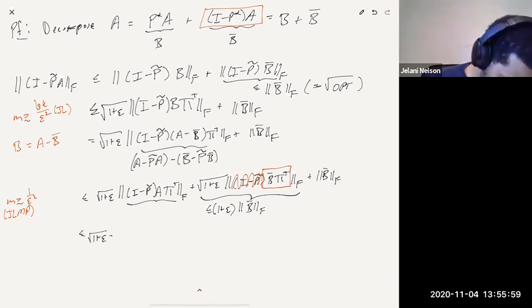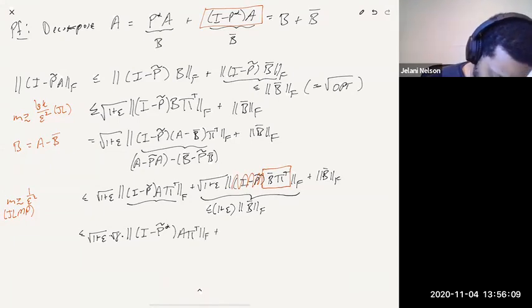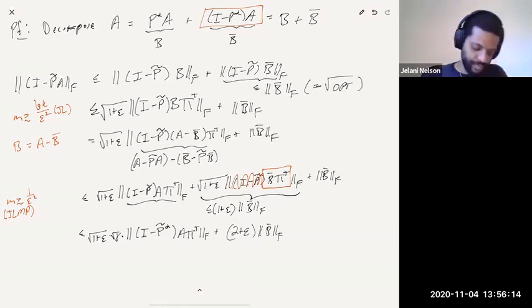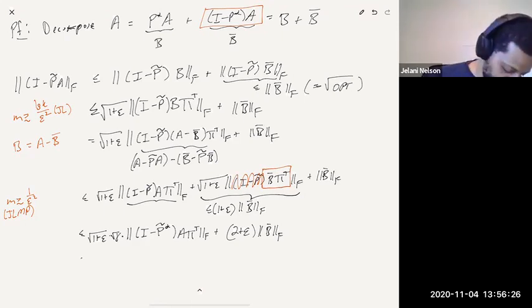So it's root 1 plus epsilon times root gamma times the actual opt for the projected problem, and now here I have a 2 plus epsilon times B bar. We've already seen this before when talking about sketch and solve. P tilde star is only better than P star for the projected problem because P tilde star is the optimal solution to the projected problem. So this is at most 1 plus epsilon root gamma times, I can replace that with an actual P star.